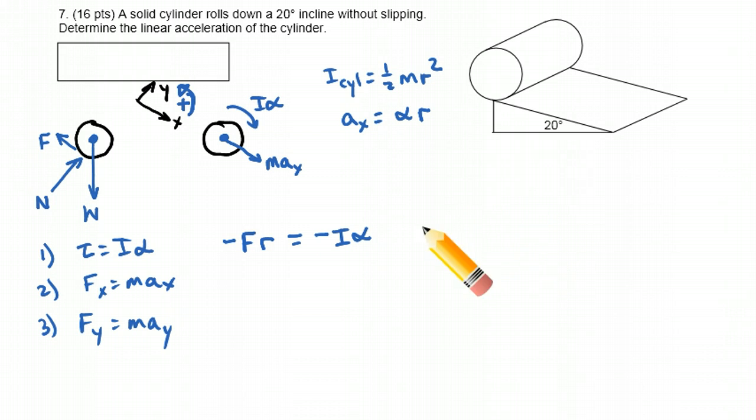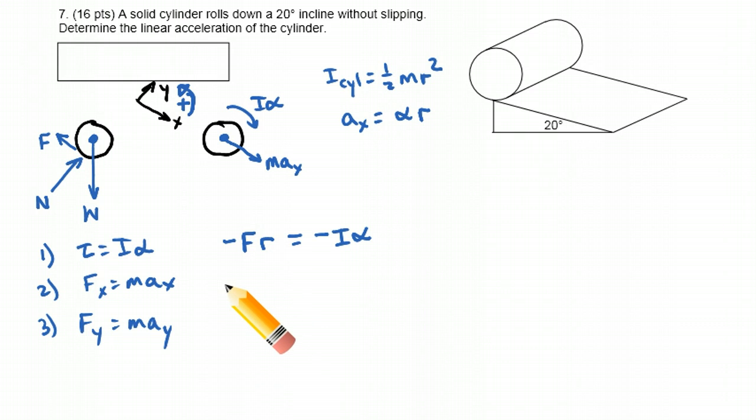So a little tricky to keep track of the signs. If you step back and look at it, you can hopefully see that those do need to be in the same direction. So you don't want to put negative on one and positive on the other. Alright, so that's going to be one of our equations we'll use.